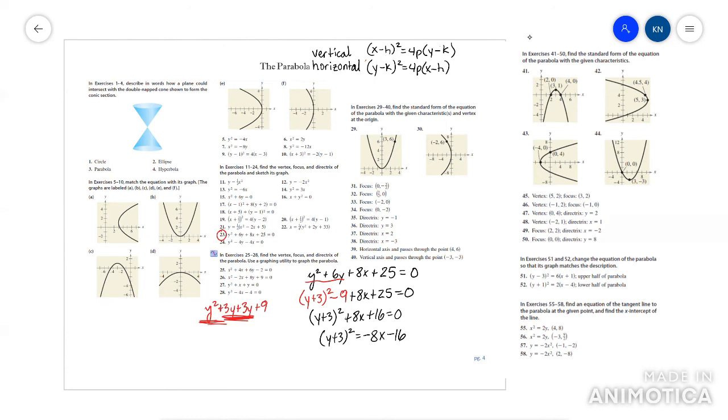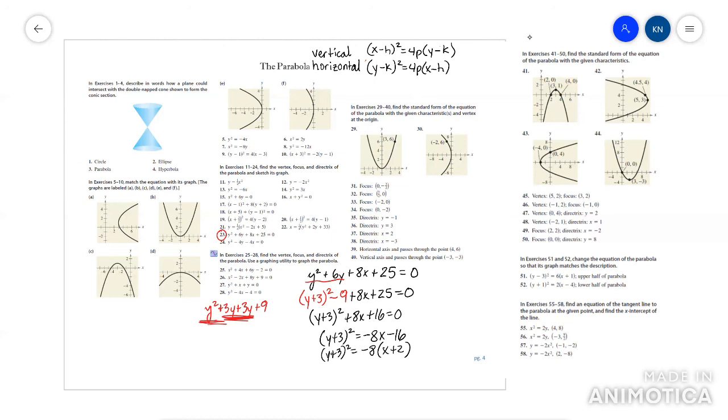Okay, now the next move is going to try to make this part of it look like this part of it. So what that means is you have to GCF out because you just want 1x right there. So it would look like this. y plus 3 squared equals, I'm going to GCF a negative 8 out, which makes it x plus 2 on the inside.